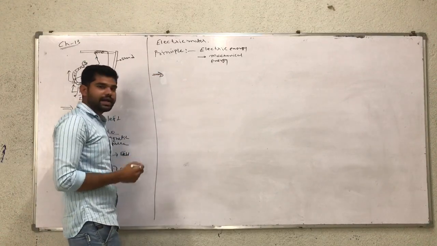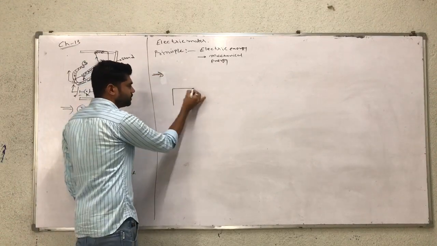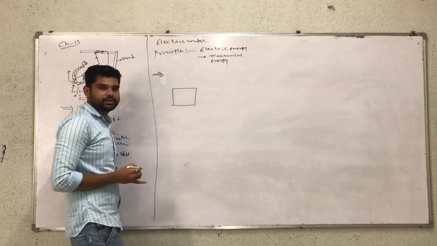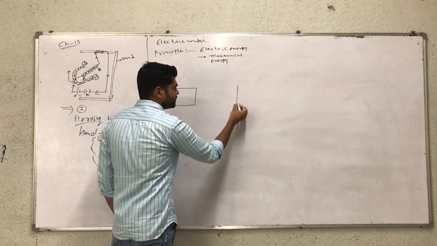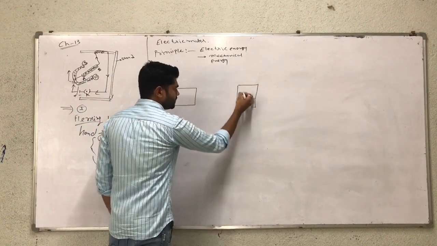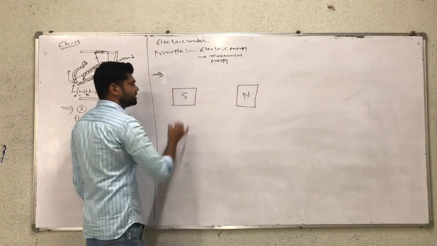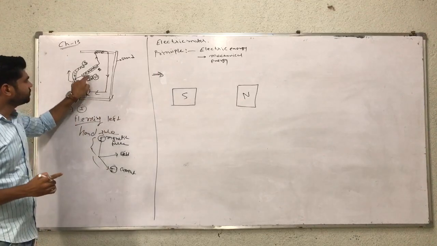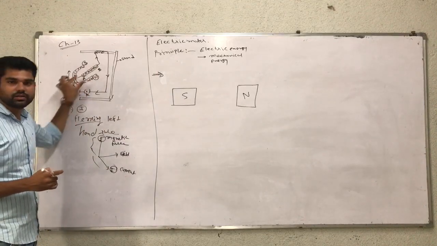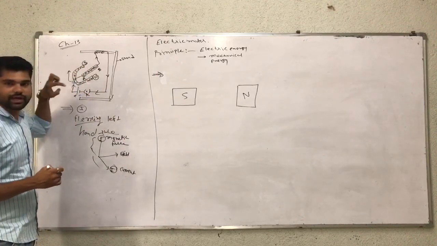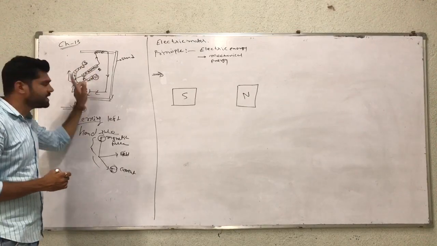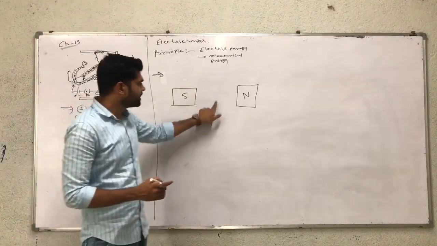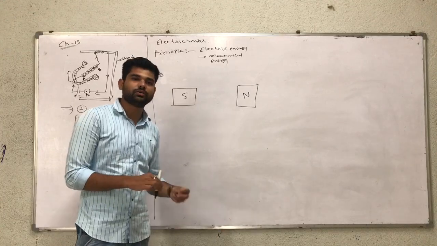So let's understand the diagram. First, two magnet poles. One pole is south, another is north, the north pole and south pole of the magnet. In the figure, we have an electric rod or conducting wire between the two poles as a straight wire, but we have to use a rectangular coil of wire.